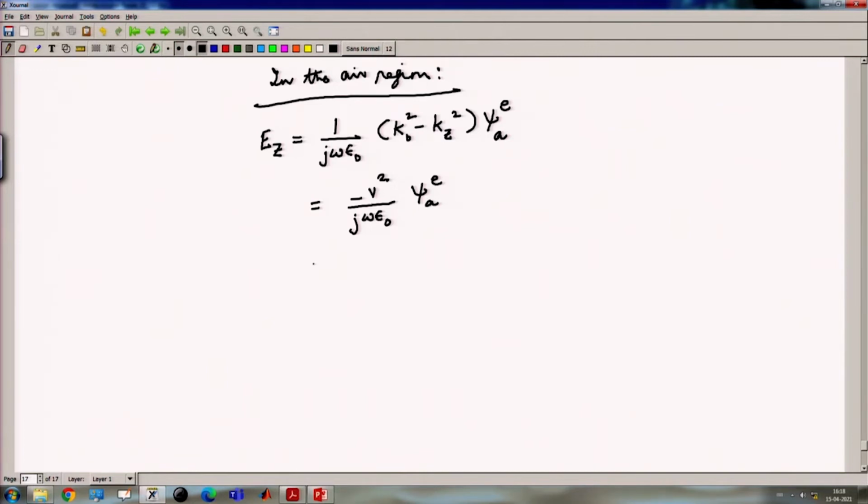Replacing now psi a e, we can write this as minus v square by j omega epsilon naught, b e to the power minus v mod x, e to the power minus j k z z, from equation 21.